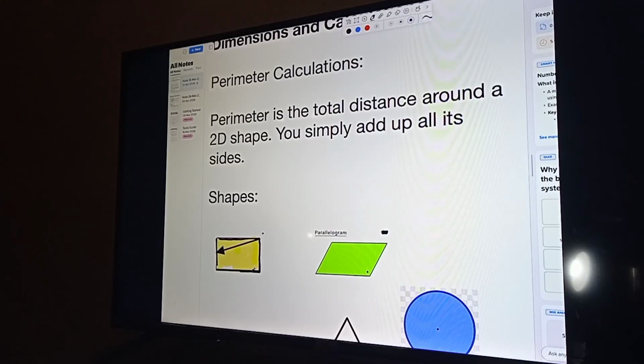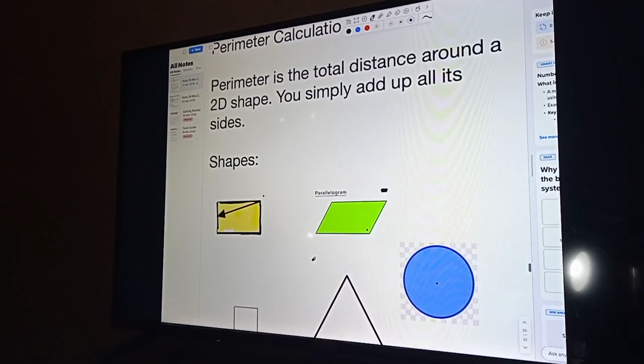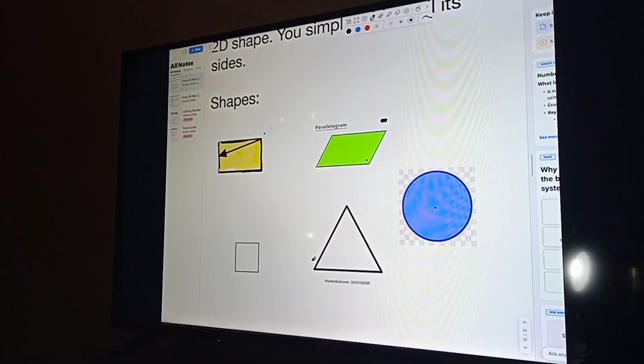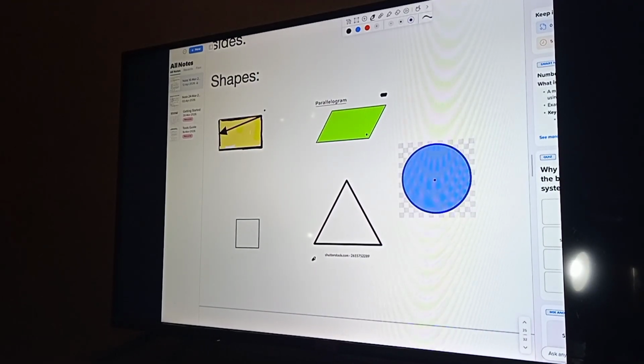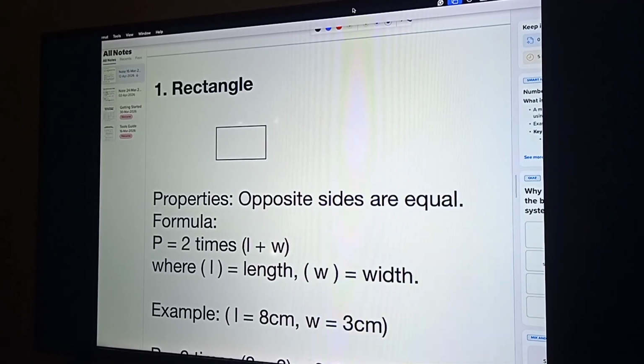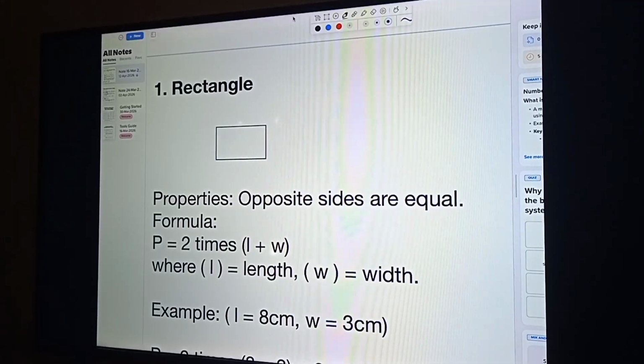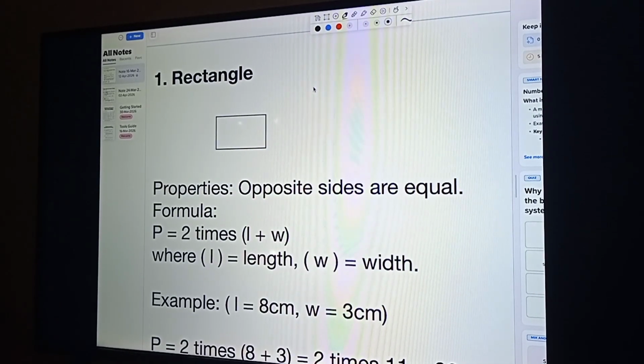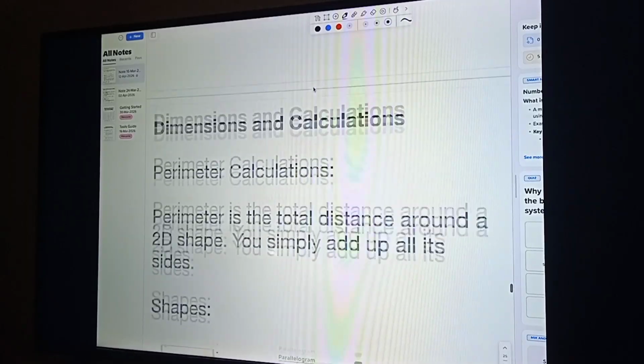Now let's begin and explore how to calculate the perimeter of different 2D shapes in a simple and clear way. In the perimeter calculations, let's begin with the rectangle.